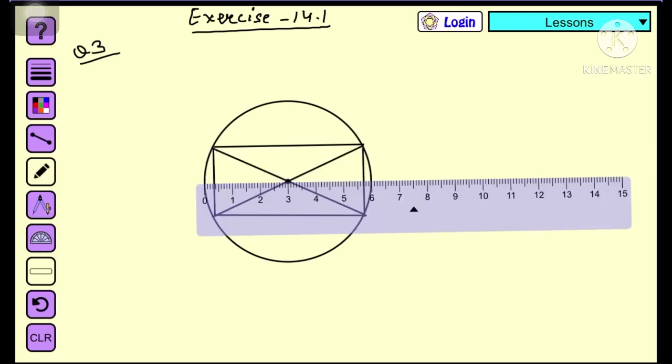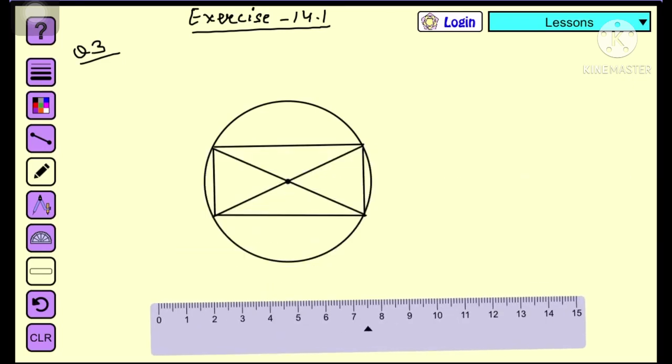Now you can see this is a rectangle. So we have obtained, we get a rectangle.